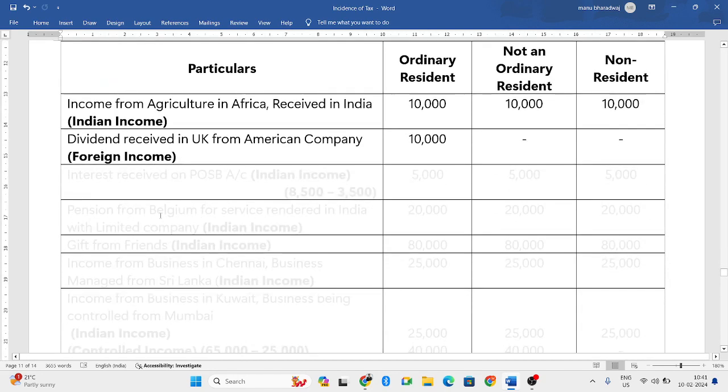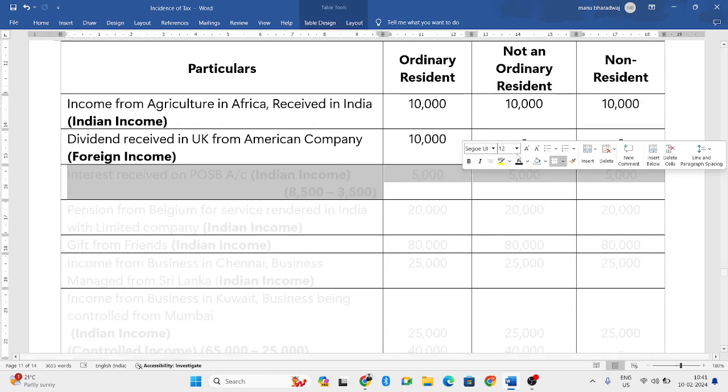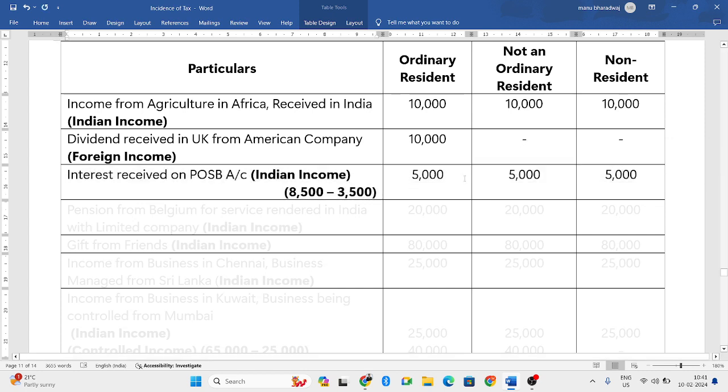It is Indian income. So the remaining 5,000 is an Indian income. All the three people will be taxed. So 8,500 is the actual interest received. In that you will get the exemption of 3,500. The remaining 5,000 rupees will be taxable.